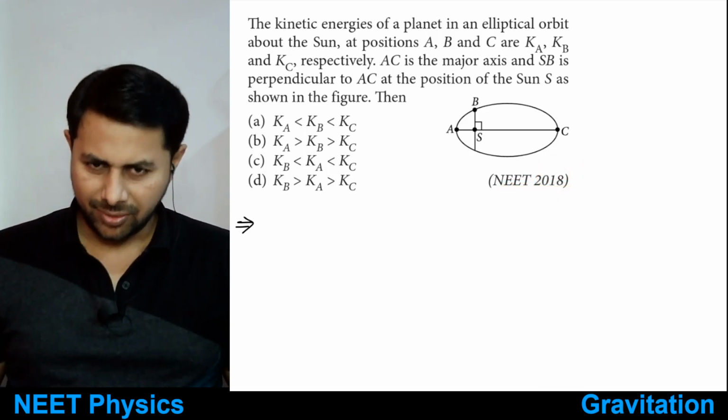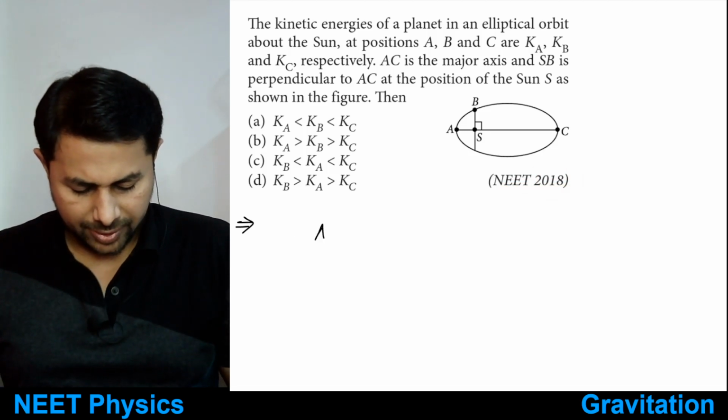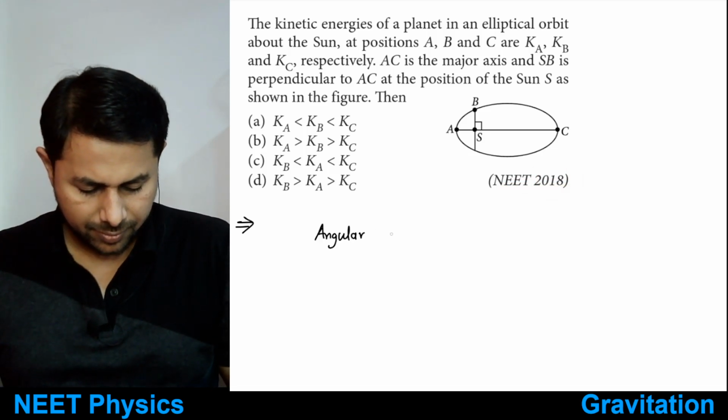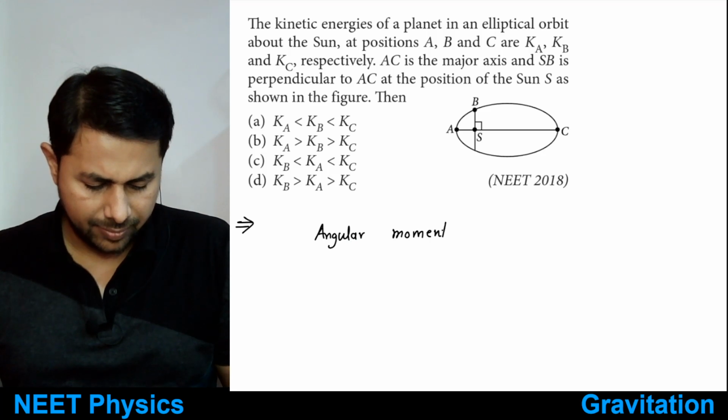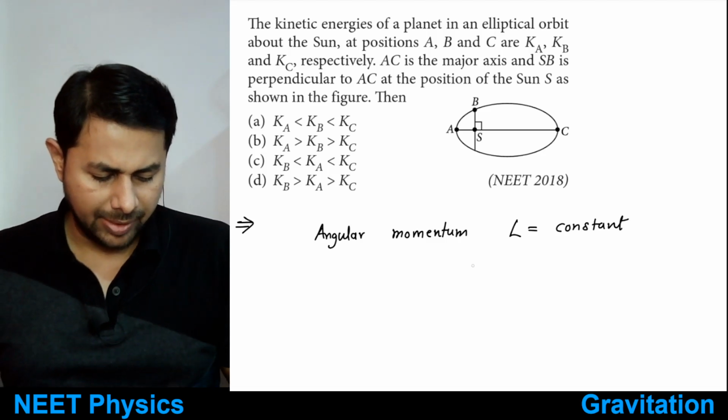V is high. Good. So since angular momentum L is constant, that means m times v r is a constant.